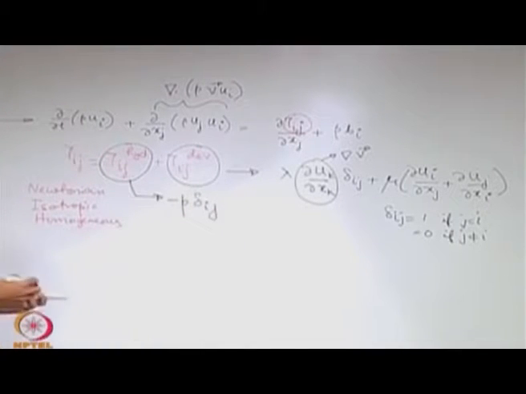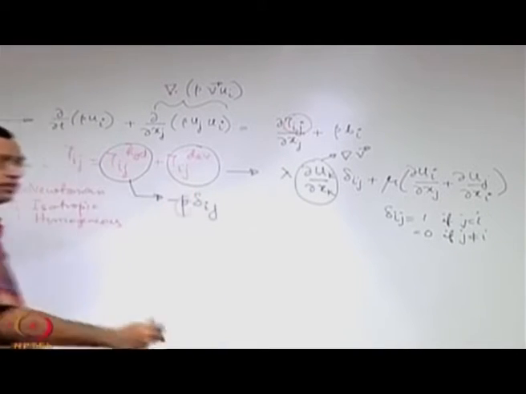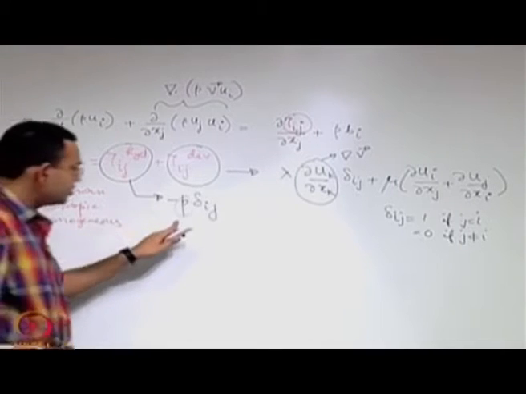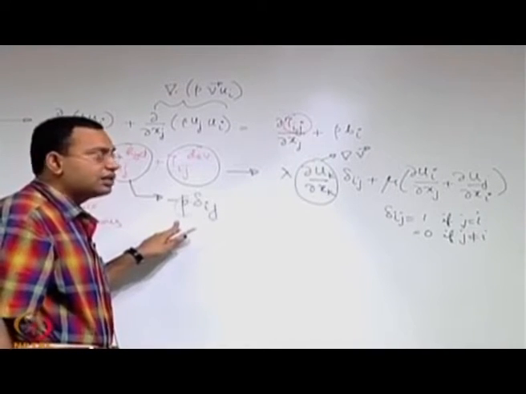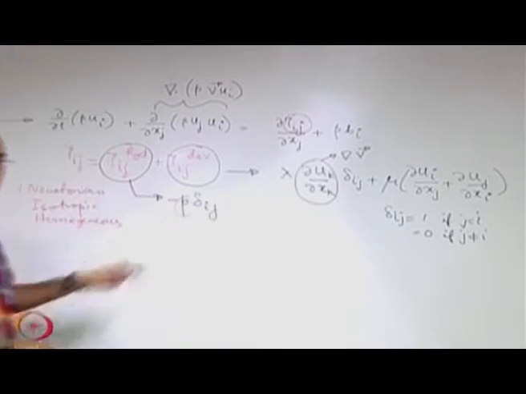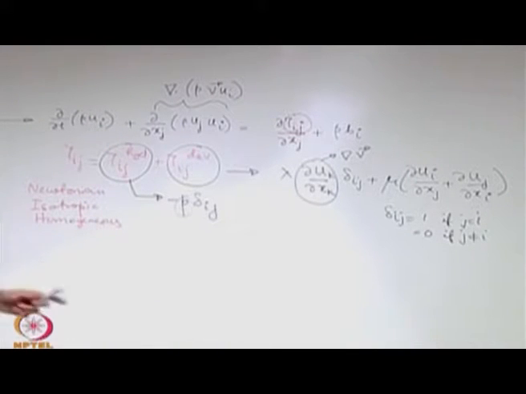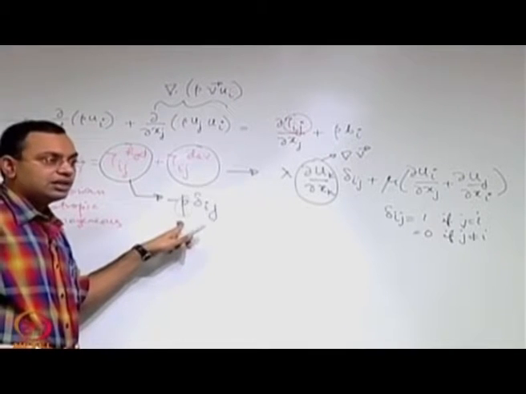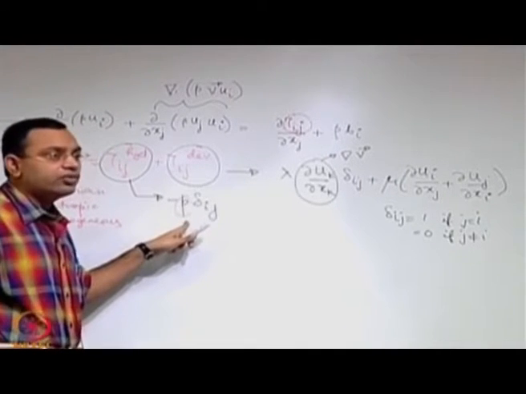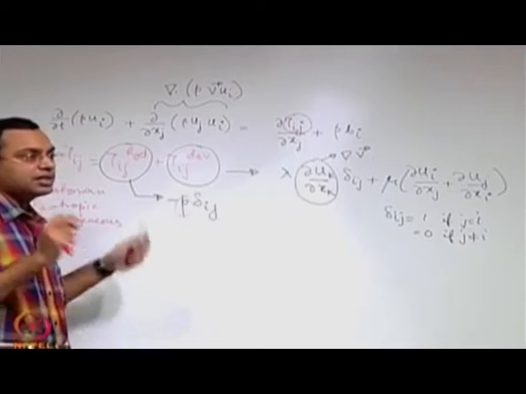So, we will first concentrate on the term P, the pressure. Some time back we were discussing a concept called the distinction between thermodynamic pressure and mechanical pressure, and we will revisit that again here. So, when we are talking about the pressure here, how do you relate the pressure with other parameters at a point?